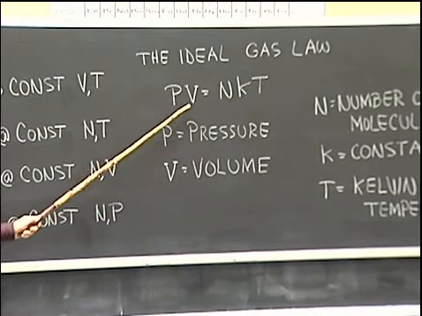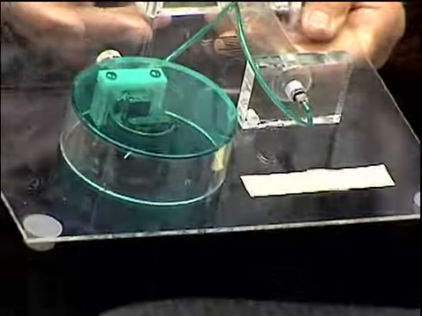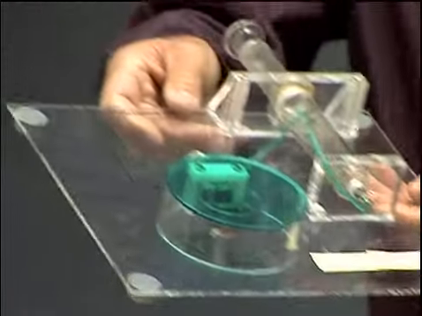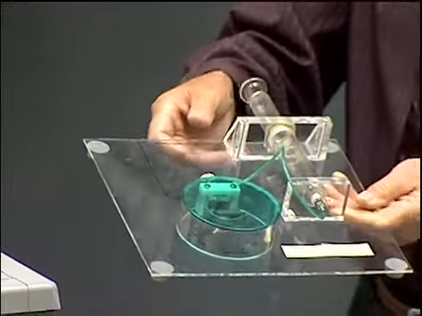this apparatus. Here I have a piston and a cylinder with a gauge. I'm going to put this on the overhead projector so that you can see that a little better.